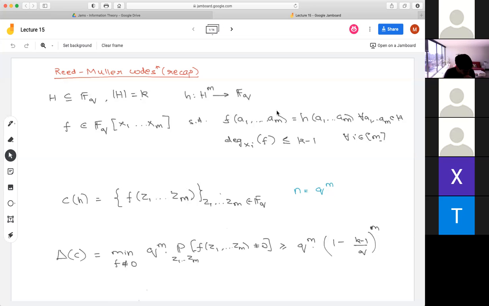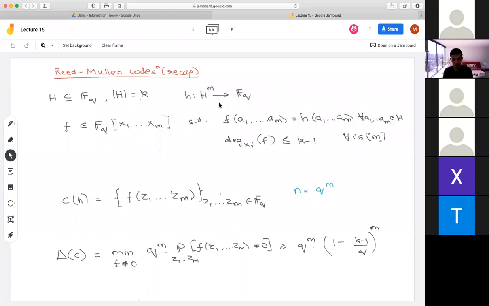All right, so let's start with Reed-Muller codes. If you remember, this is how we defined them, and the star is a reminder that this is actually a subcode of the Reed-Muller code. We defined it this way in the previous lecture: let's say you have a set H, which is a subset of the field FQ, and you are now thinking of polynomials in M variables.